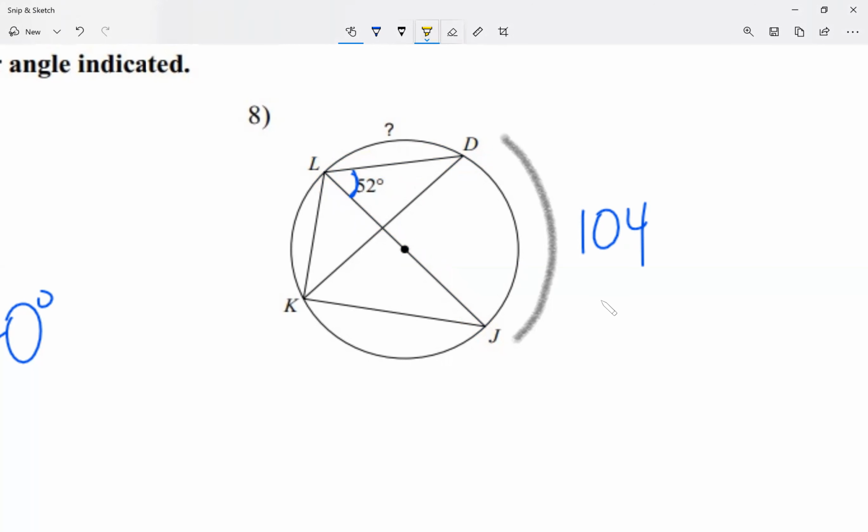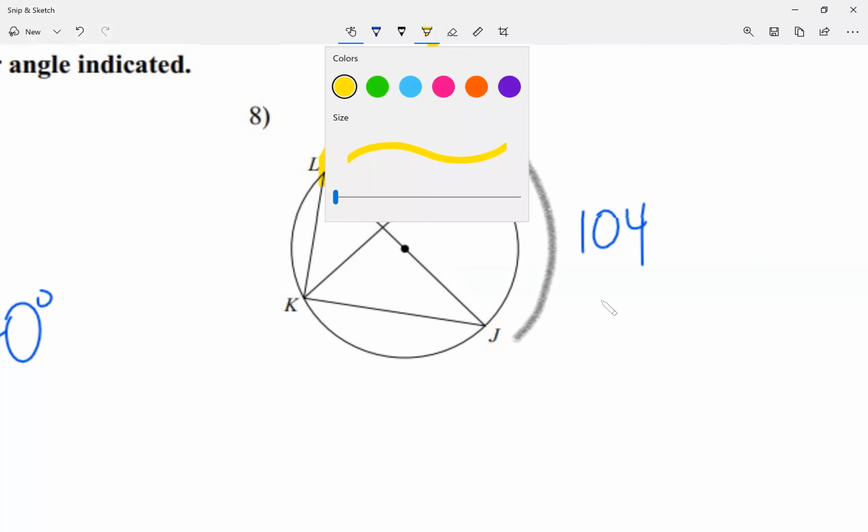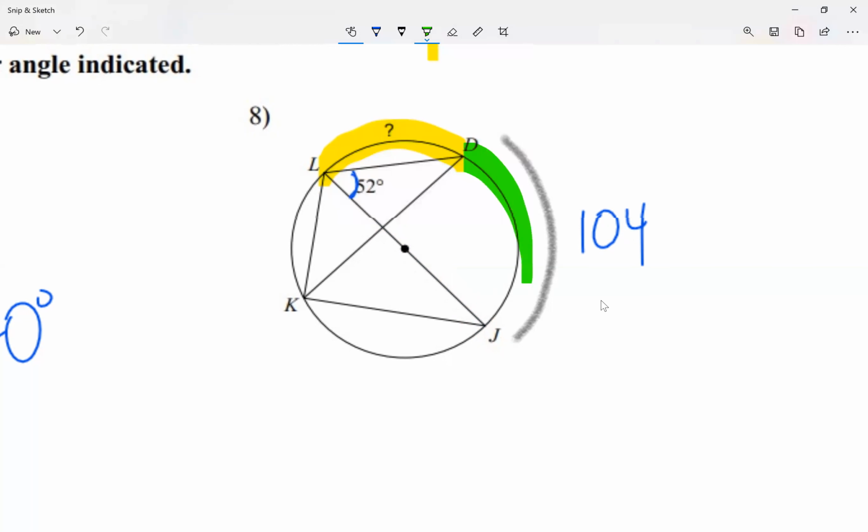Now I'm wondering, how big is this? Let me highlight in green that I know this is 104. I know the 104 is the green one. I'm wondering how big is the yellow arc? Well, it seems like combined it has to be half of a circle, right? And isn't half of a circle 180?